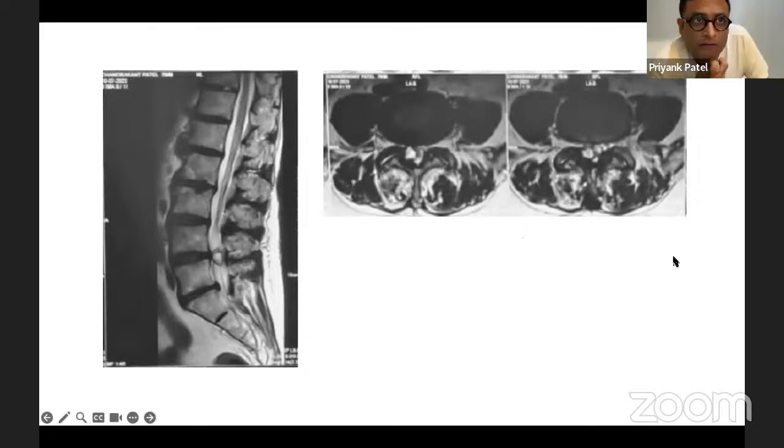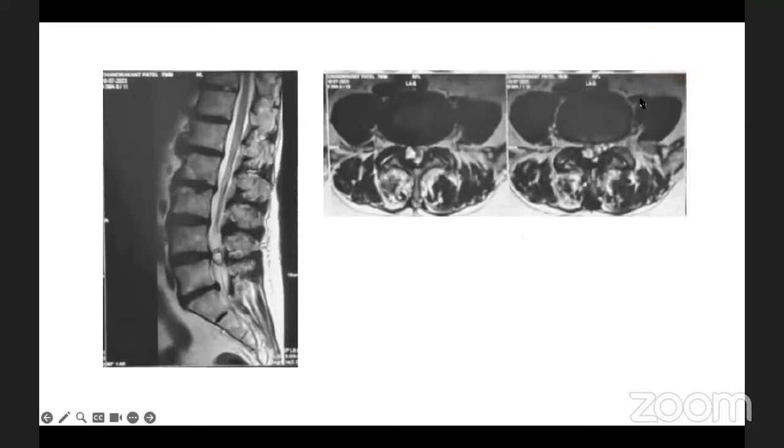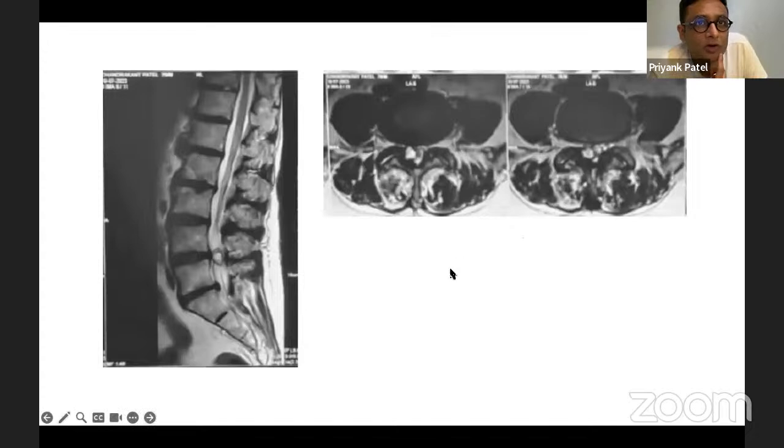Fair. So here we are not very sure. What are the commonest things that you feel can be here? A Tarlov cyst. What is a Tarlov cyst? Tosif, you want to tell? So a Tarlov cyst is most of the time a retention cyst basically, and it is more in the sacral area rather than in the lumbar area.